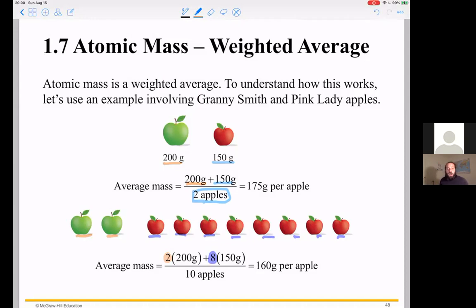All right. So how does this relate to what we're doing with the average atomic mass? Well, this is how it works. If I take a scoop of carbon, that consists of both carbon 12 and carbon 13. Carbon 13 is the larger one.